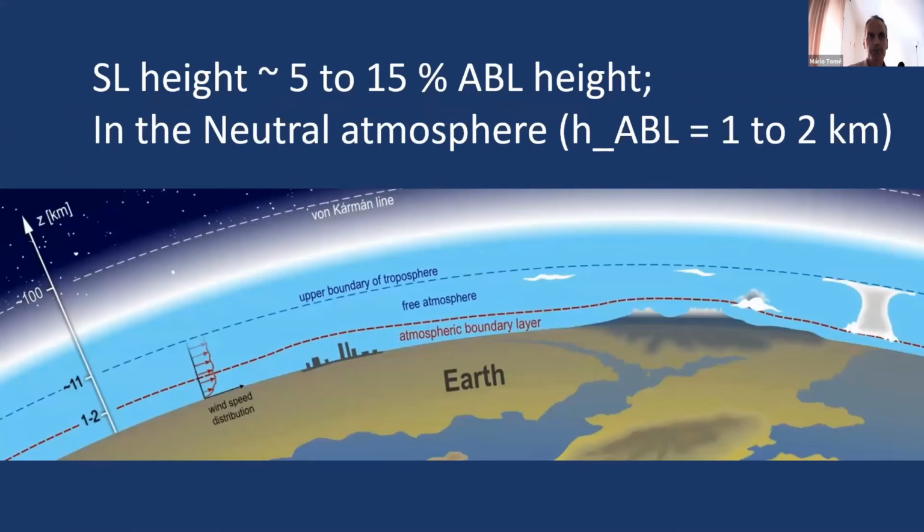So the atmosphere has the atmospheric boundary layer, which is 1 to 2 kilometers in height, and the surface layer, which is around 10% of that height, which means 100 to 200 meters.